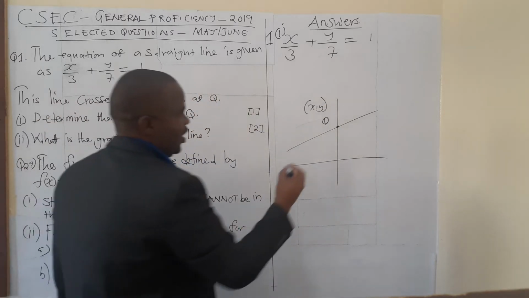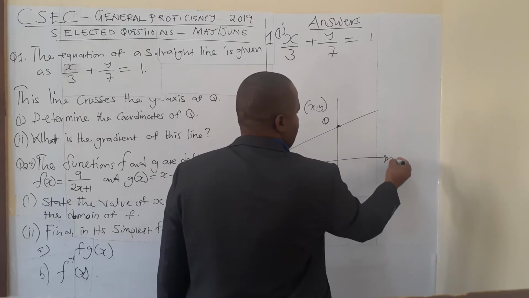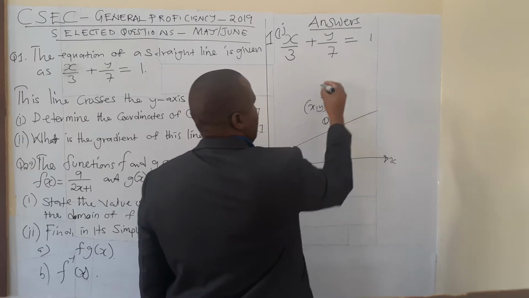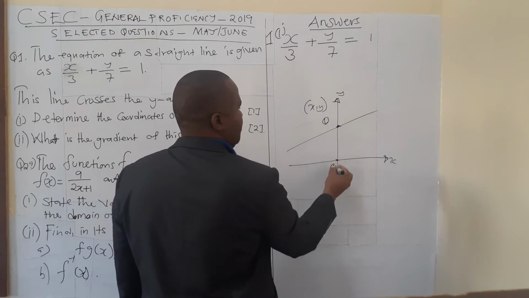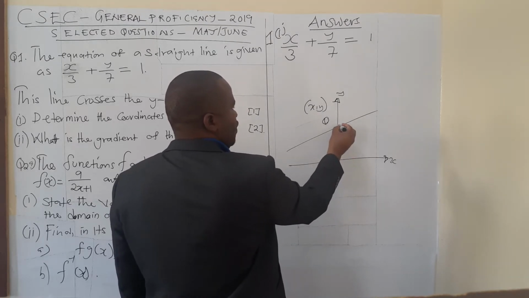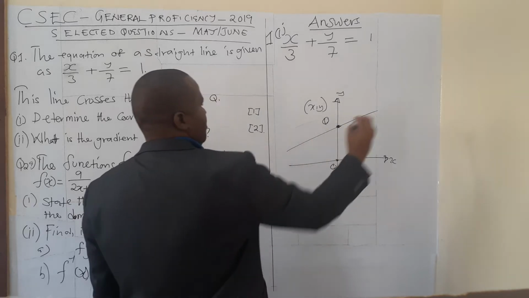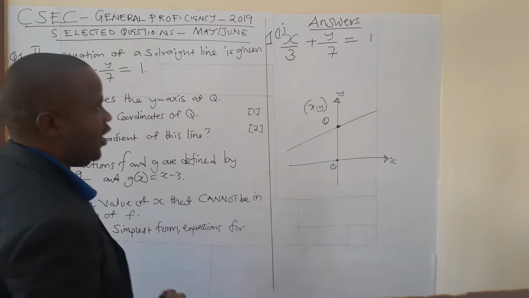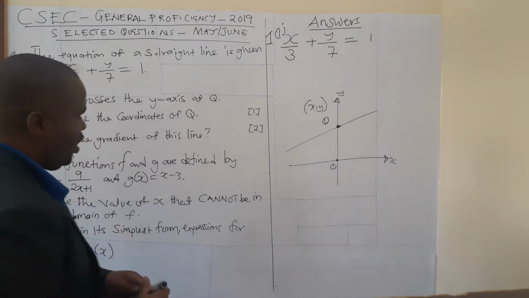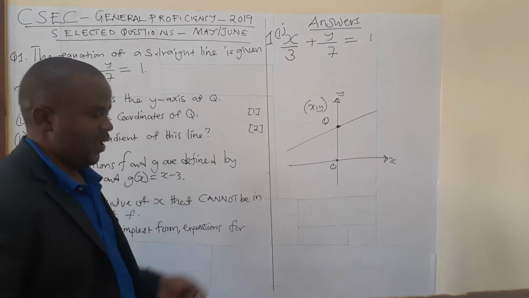Meaning that the value of x here is 0. As long as it is passing through the y-axis, then the value of x is 0. So you can go straight and substitute so that you find the value of y.